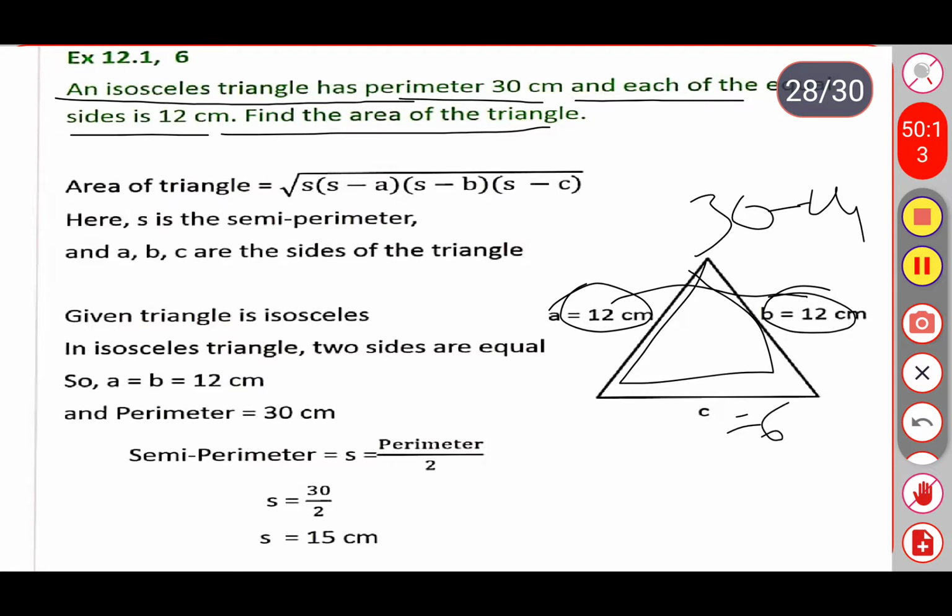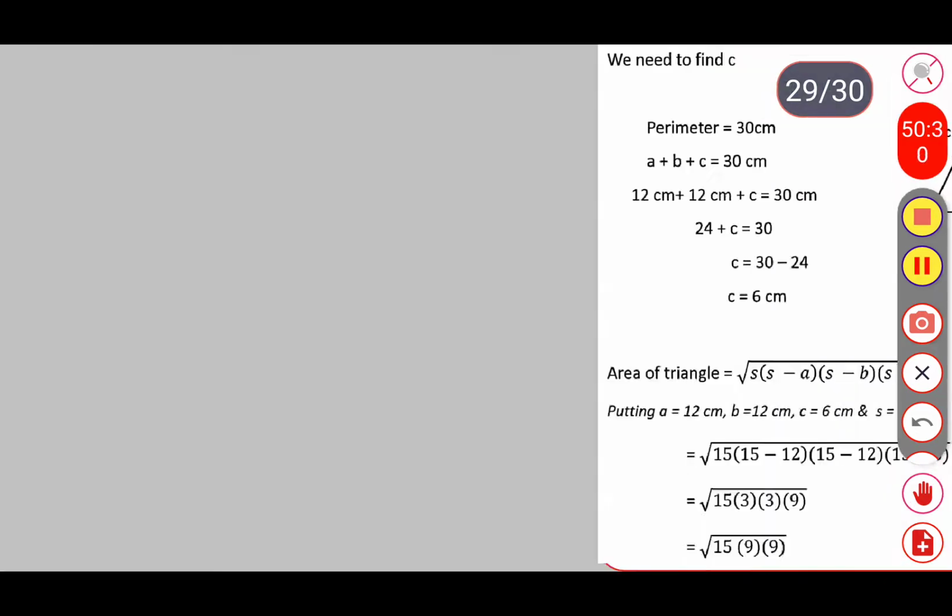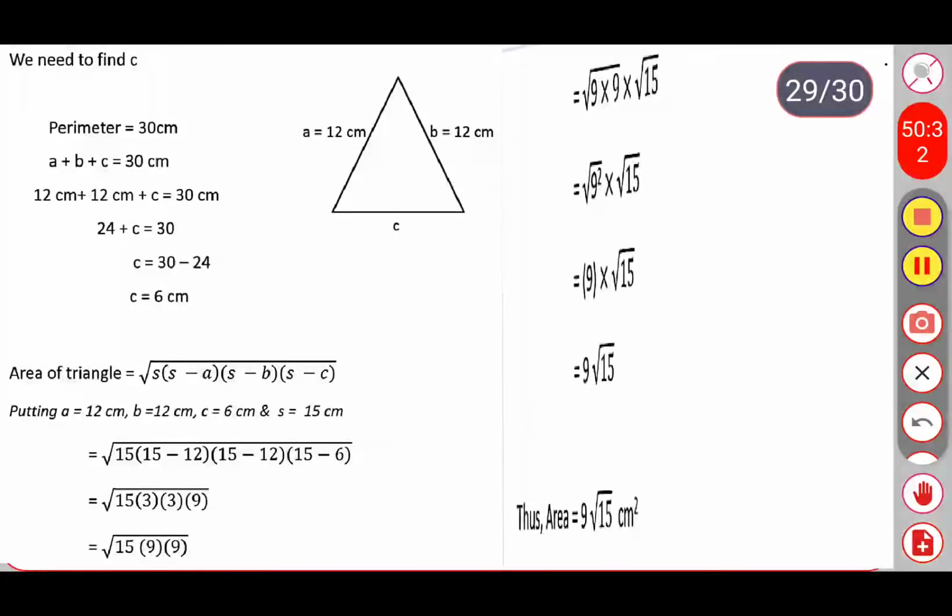So if the perimeter is 30 centimeter, it means the semi perimeter is 15 centimeter. 15 centimeter is the semi perimeter, right? So the semi perimeter is 15 centimeter and the third side is 6 centimeter. Let's find the area of the triangle. Just substitute all those things in Heron's formula.